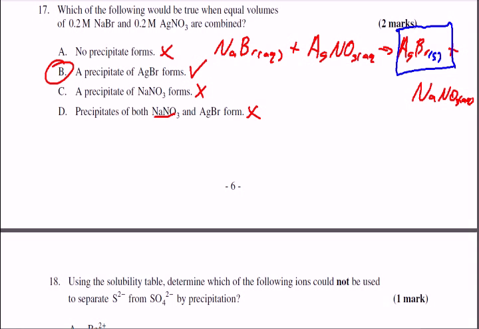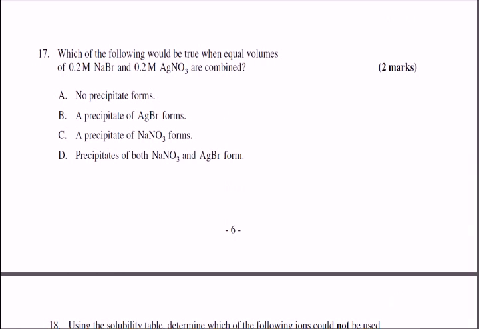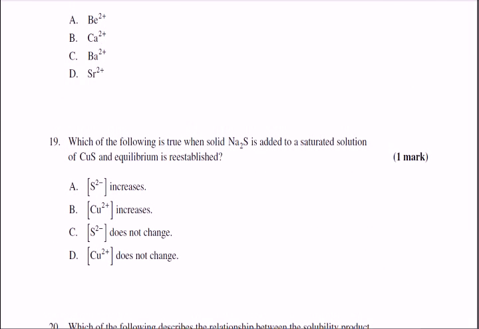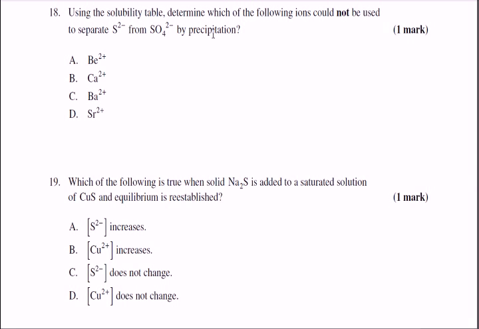Okay, let's go down to question number 18. And what we see here, it says, using the solubility table, so we've got to go back to our solubility table, determine which of the following ions could not be used to separate sulfide from sulfate by precipitation.